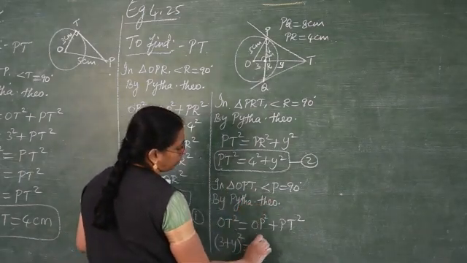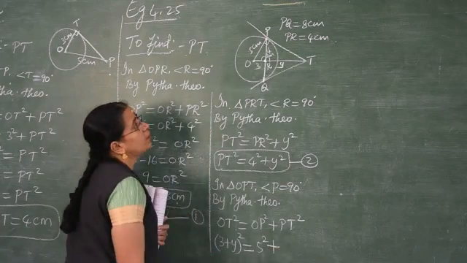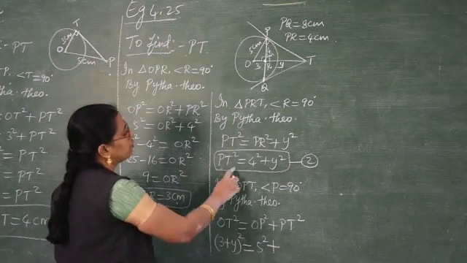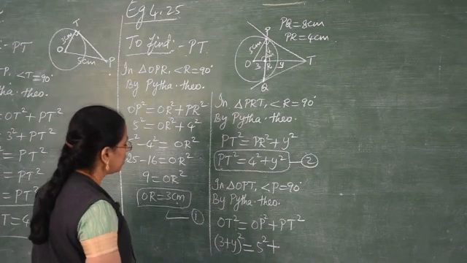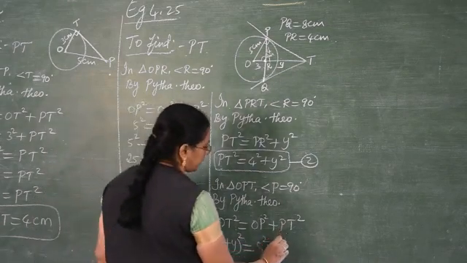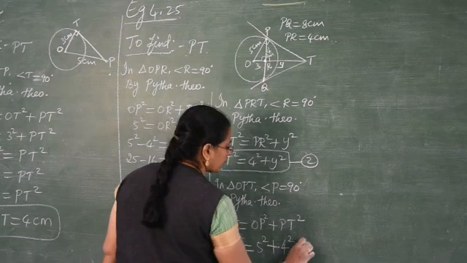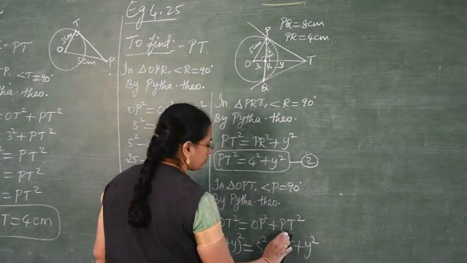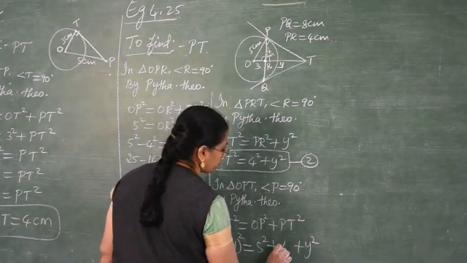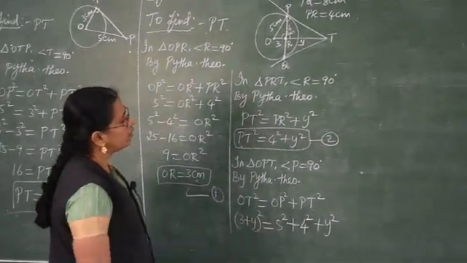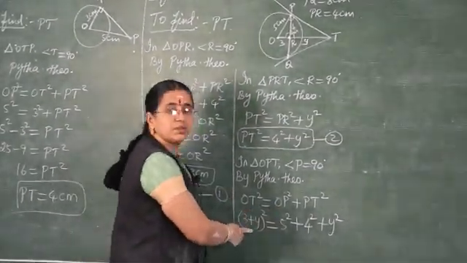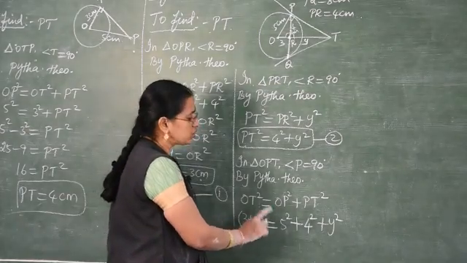What is OP? 5 square. PT square from equation 2, you can write as 4 square plus Y square. Now from this we are going to find the Y value. We will expand this using the identity (A plus B) whole square.